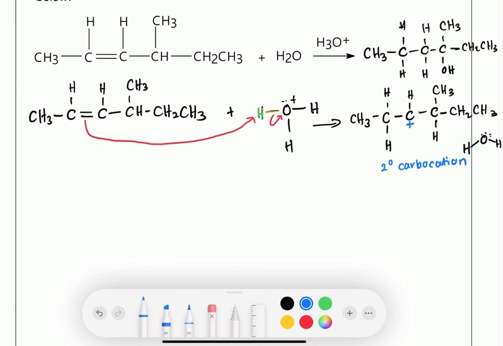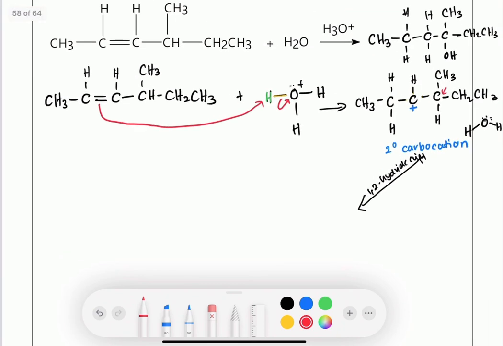And if you look, yes, we can do a rearrangement, which is a 1,2-hydride shift, where we switch with this carbon. So we are going to get this, and we get a tertiary carbocation.